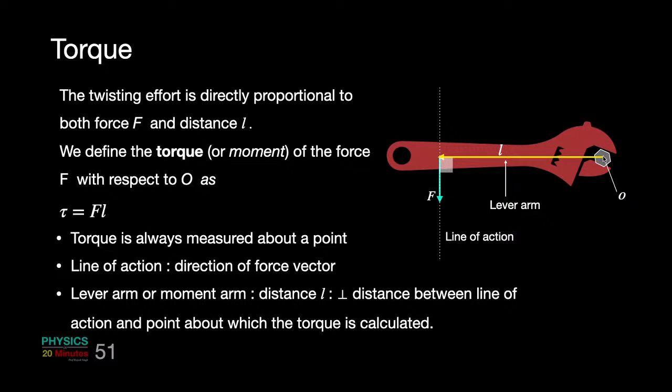This is the point about which I will calculate my torque. So if I drop a perpendicular from this point to the line of action, then this distance is my lever arm. Remember, we will not use the lever arm phrase if this distance is not perpendicular, as we will see in subsequent cases.